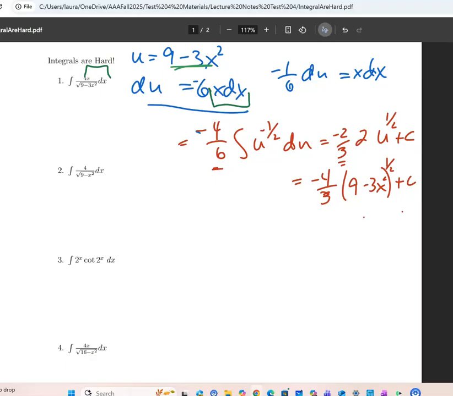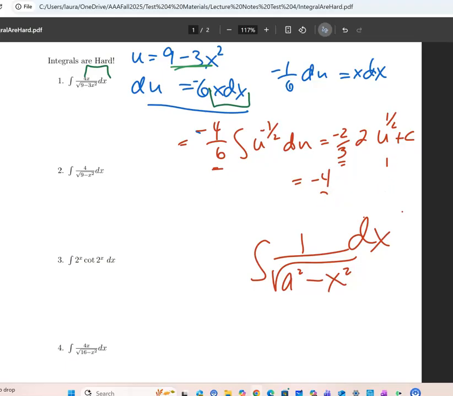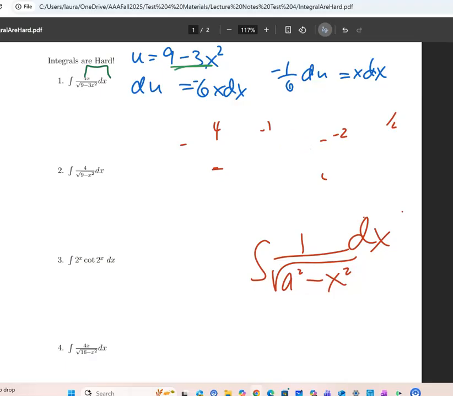All right, you are going to see something on your memory quiz, and I'll prove it for you. In your memory quiz sheet, it says, if you have 1 over the square root of a squared minus x squared, and you're thinking, wait a minute, isn't that really, really close to arc sine? It is. So let me just write what the parallel is here.